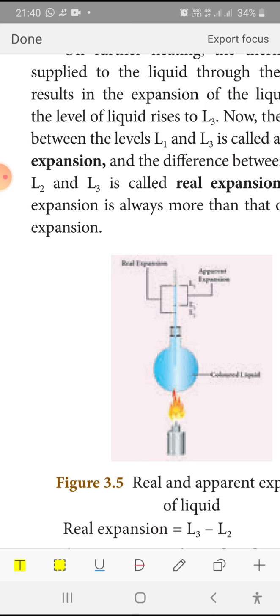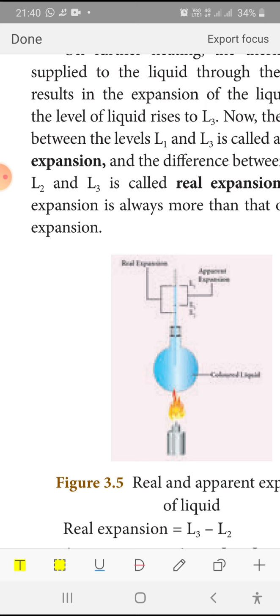On further heating, the heat is transferred to the liquid and the liquid starts expanding. Now the raised level is L3. The first level is L1, the reduced level is L2, the increased level is L3.